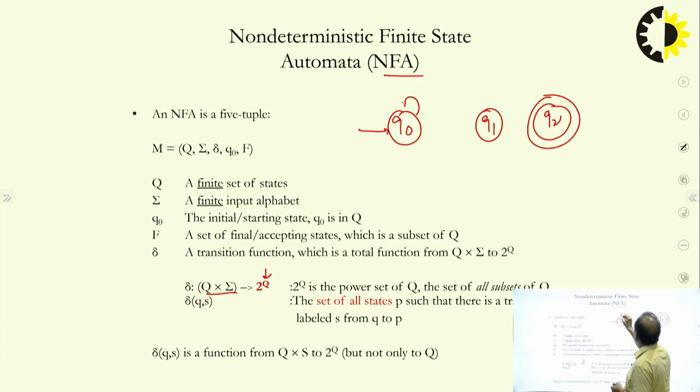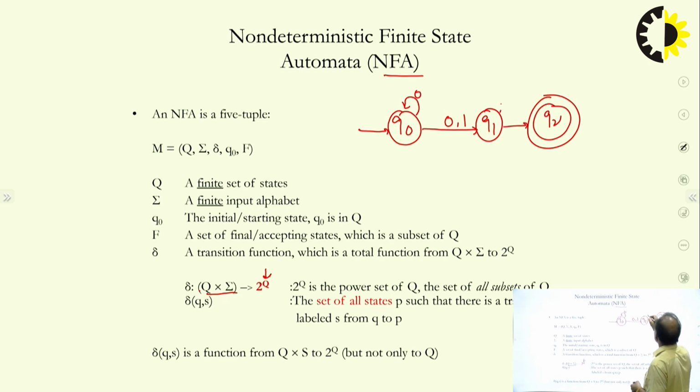If on the same input you go to Q0, and on the same input from the same state you reach another state also, then we are not sure which state we are reaching. This leads to non-deterministic nature. So this is a non-deterministic finite automata.